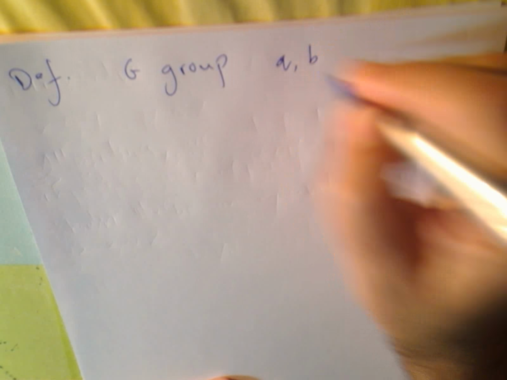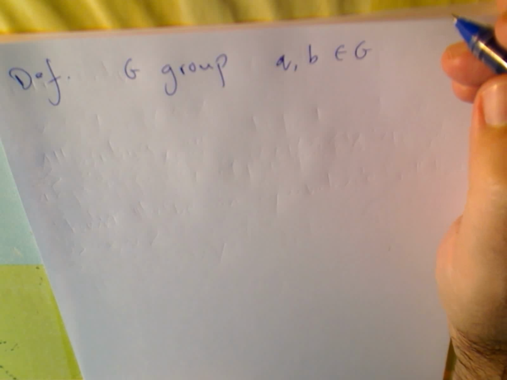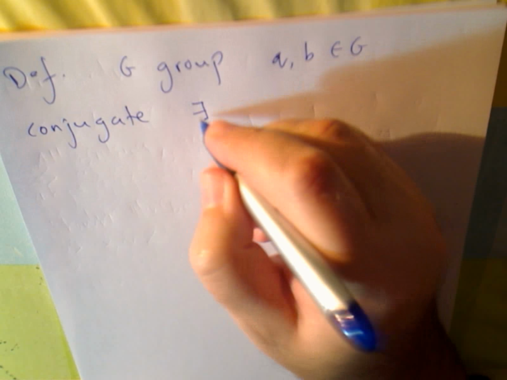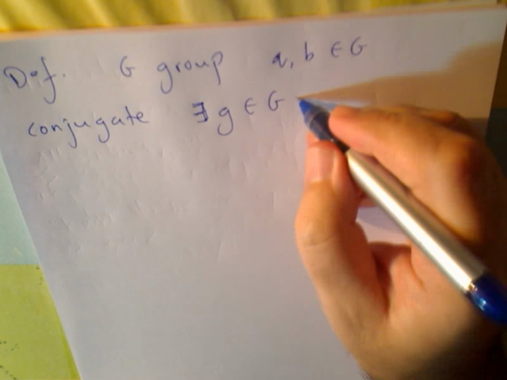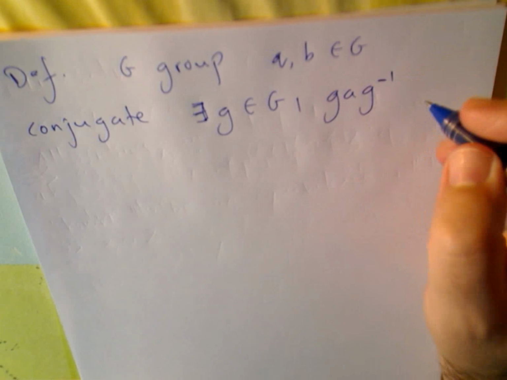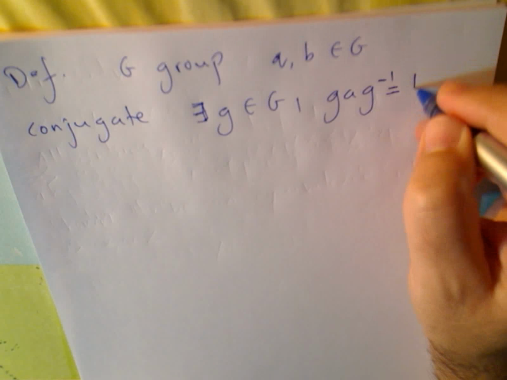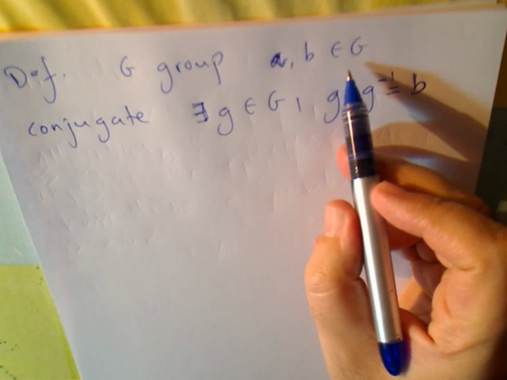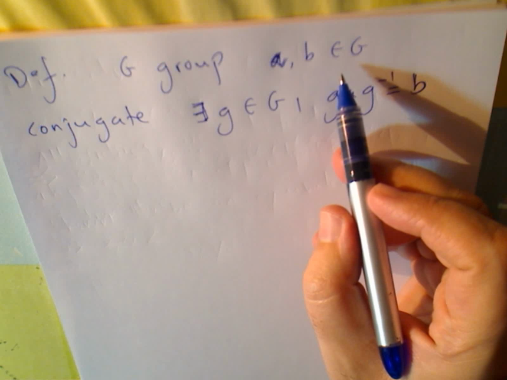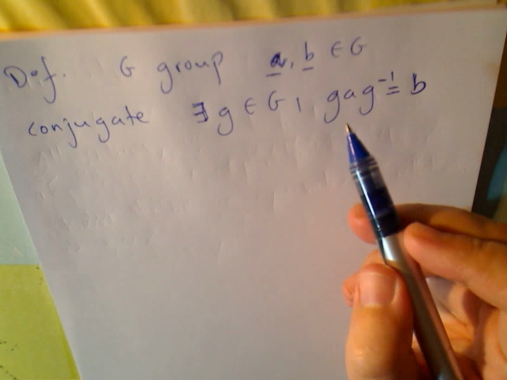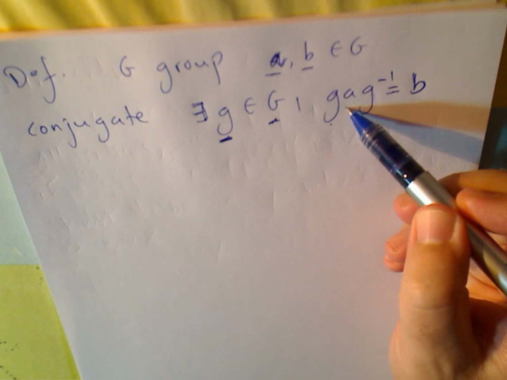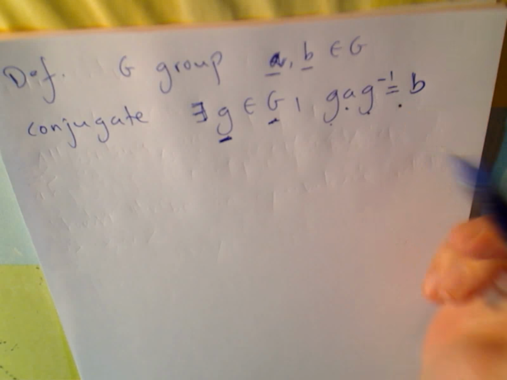We pick two elements, A and B, in G. Two elements A and B in G are called conjugate if there is an element g in G such that g times A times g inverse equals B. Okay?